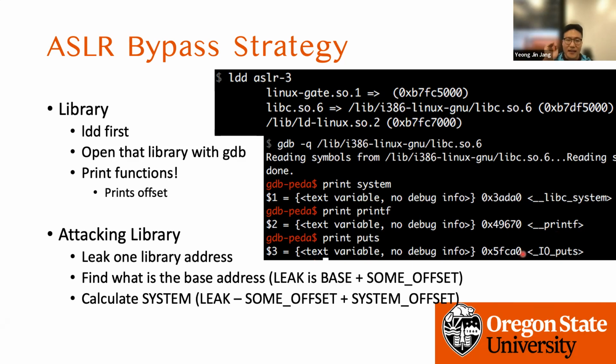So at runtime, we leak one library address. And then if we know which part of the library object it points to, then we can calculate some offset and then add the system offset. So we can get the address of the system with a little bit of calculation.